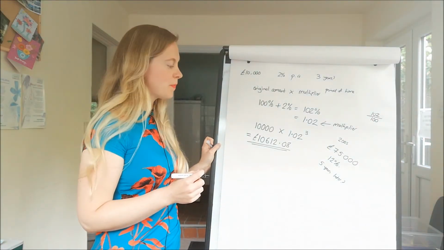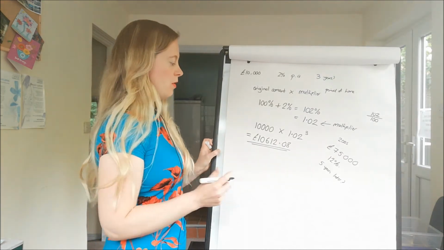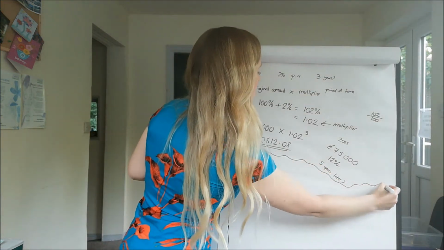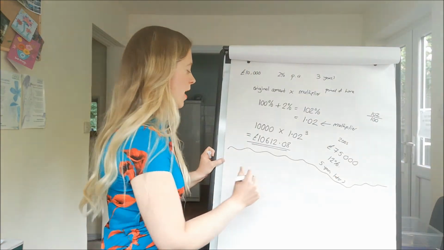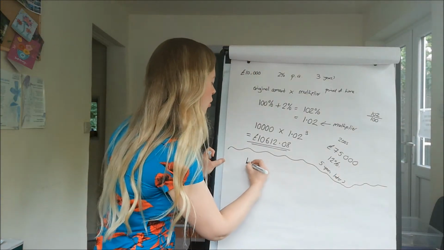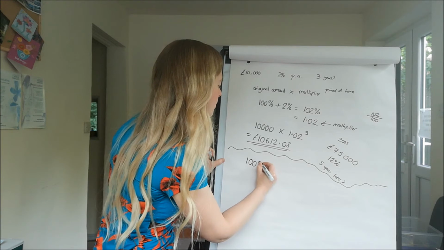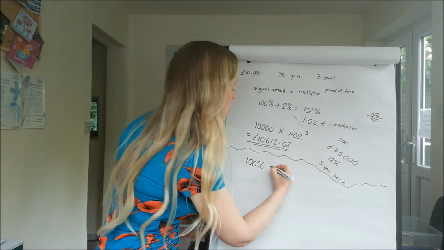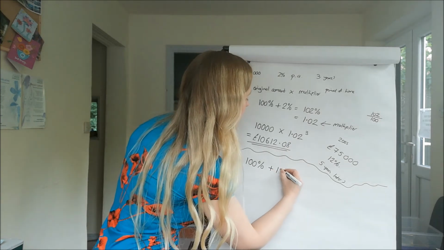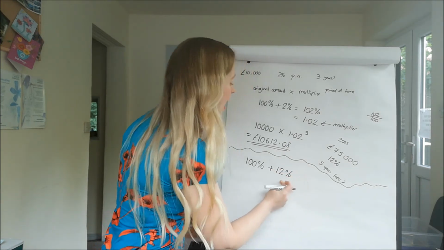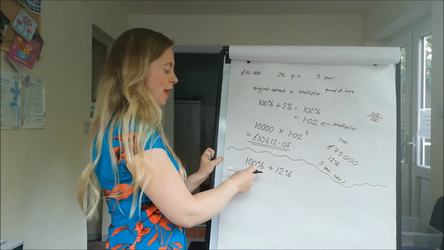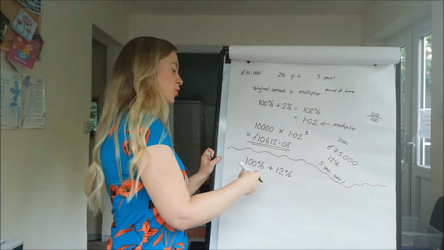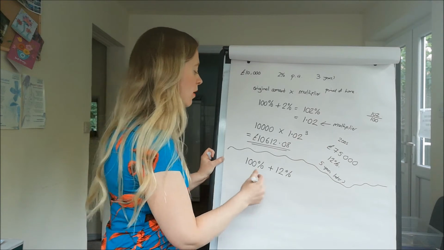All right. So in this case, we have 100%, and because the turnover is increasing by 12%, we add 12% on. So every year the company's going to have a turnover of that plus 12% extra.